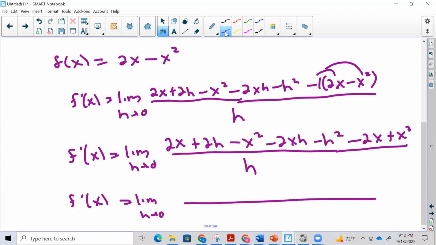Now if we combine our like terms, we have a 2x and a negative 2x, so those add to 0. And we have a negative x squared and an x squared, so those add to 0. Nothing else is like terms, so nothing else combines. So I have 2h minus 2xh minus h squared all over h.